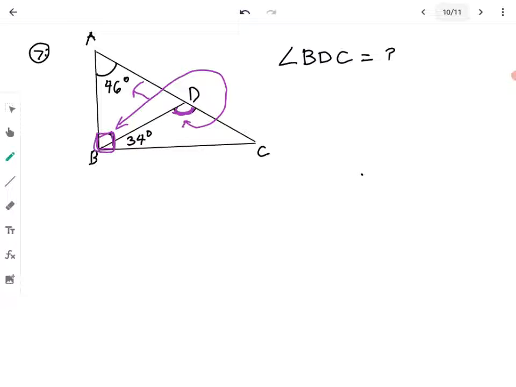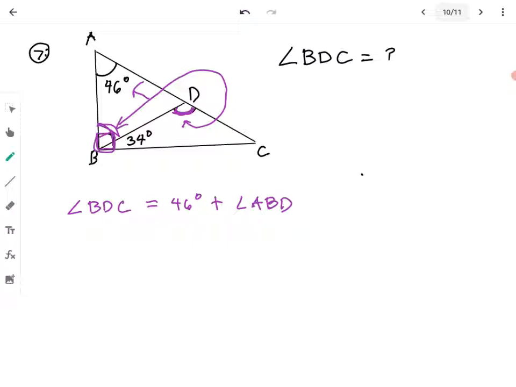So from that, we say angle BDC is simply 46 degrees plus, what's this angle? This part here, that is angle ABD. The problem now is we don't have the measure for angle ABD.